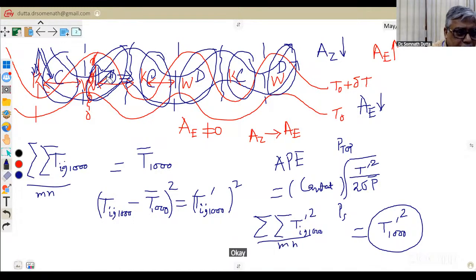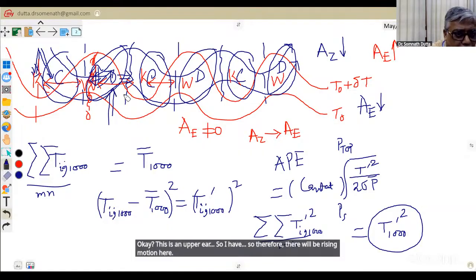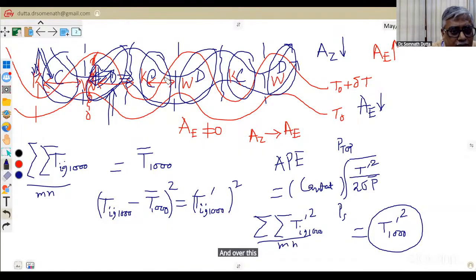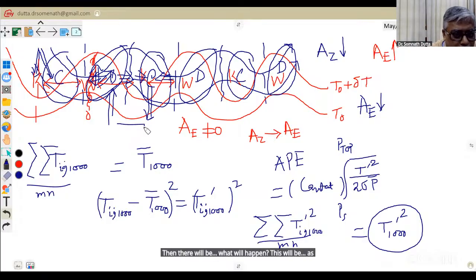This is upper air flow I have, so there will be rising motion here. And over this region, if convergence is taking place, then there will be sinking motion. As a result, one typical vertical circulation will be set up.